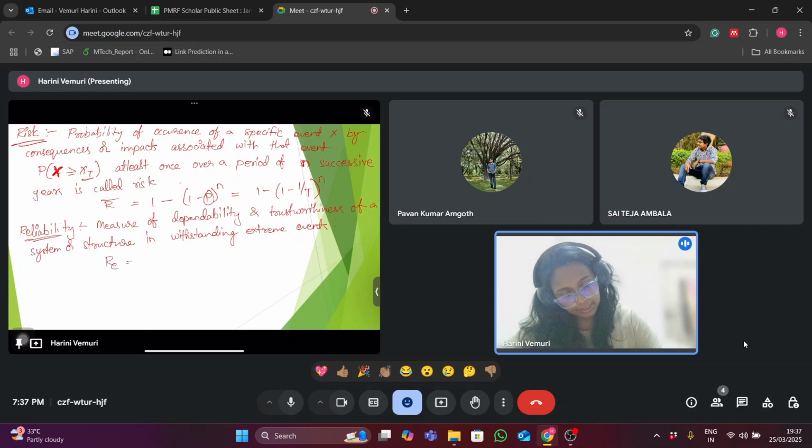It is calculated by R equal to 1 minus R bar, that is (1 minus 1 by T) whole power n.